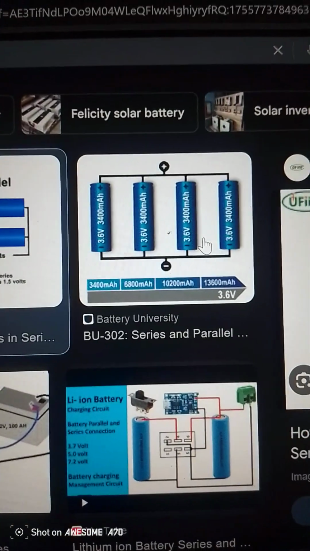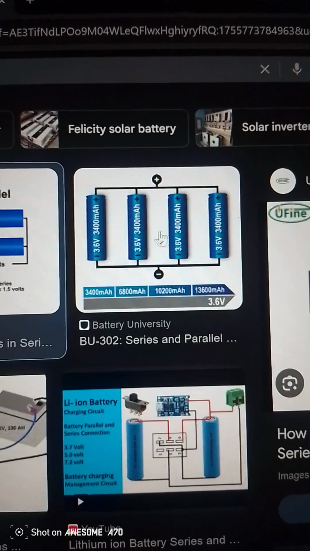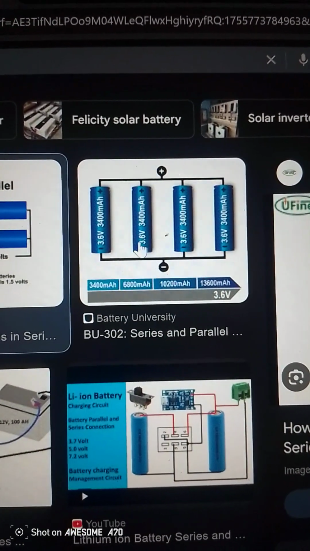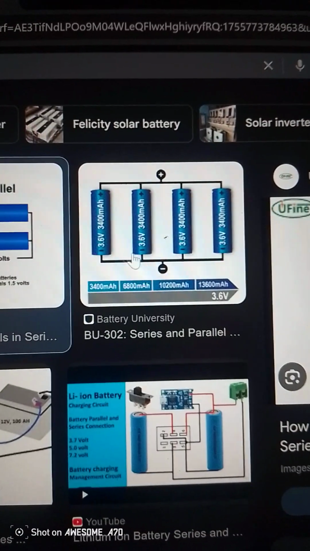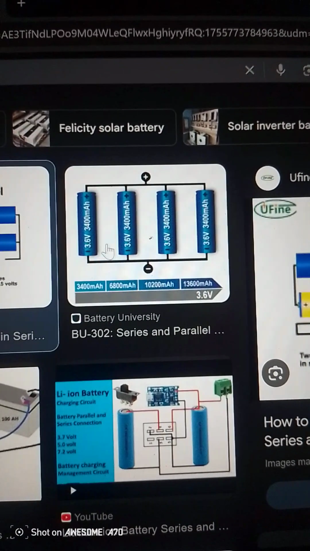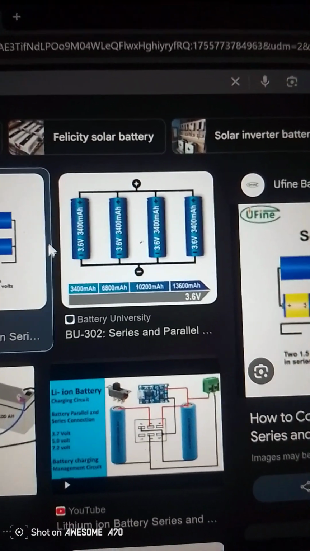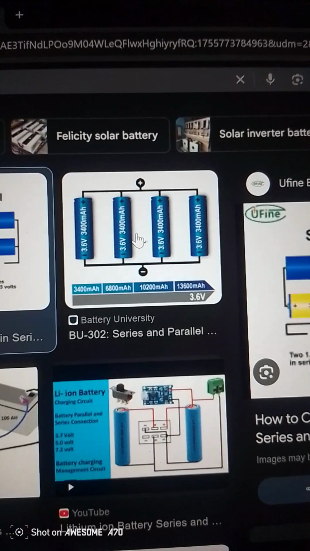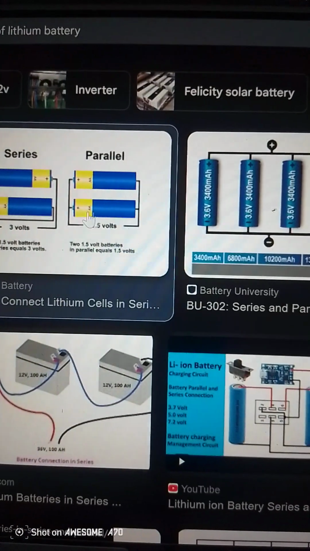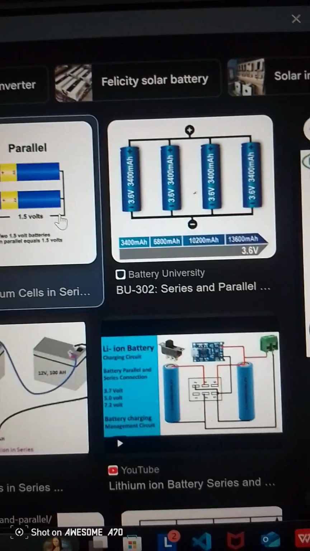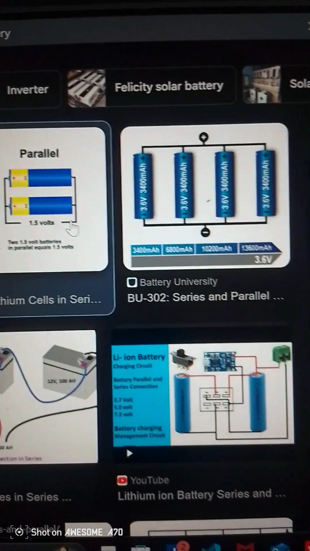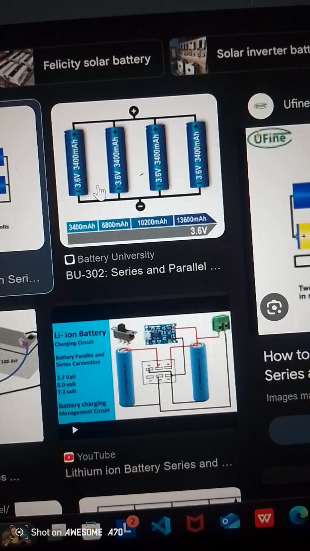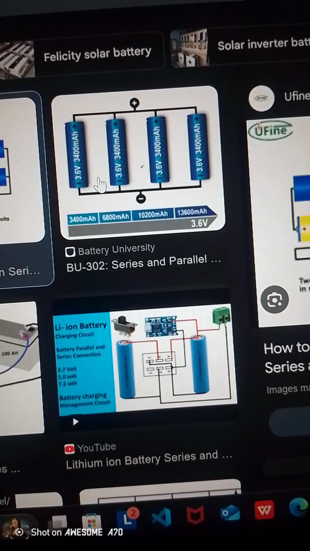If you carry two batteries here and loop them in series, it will not give you what these two batteries gave you, both in amps and in volts. It should be 7 point something, 7.2 volts. Okay, good.